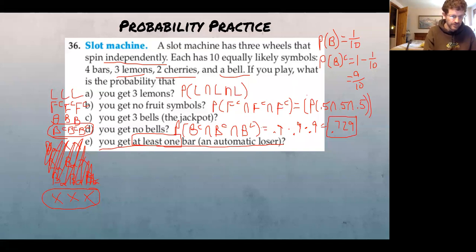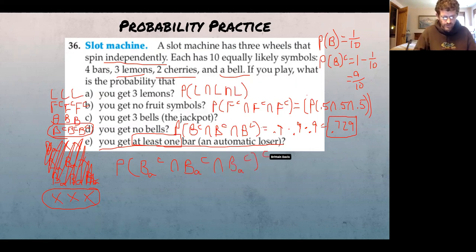So what's the probability of no bars, not getting a bar, and not getting a bar, and not getting a bar, and then the complement of all that. Okay, so let's see. The probability of not getting a bar, there are 4 bars. I won't do the math by hand.